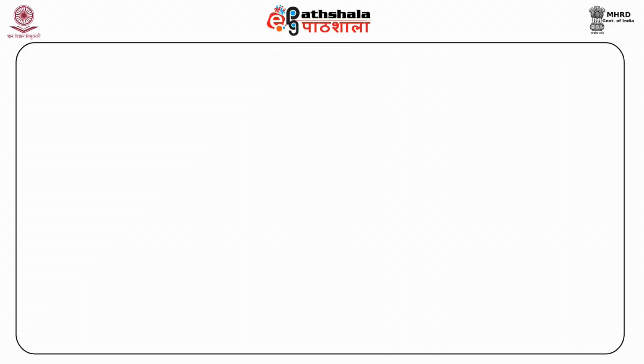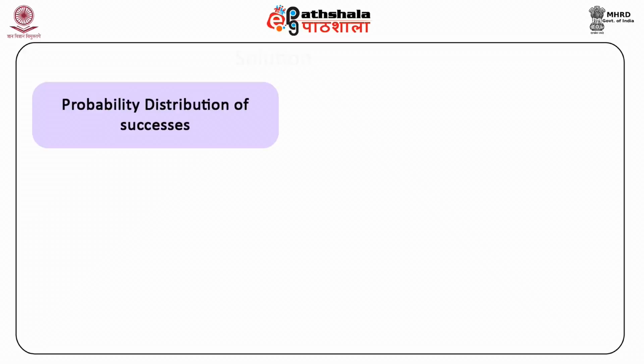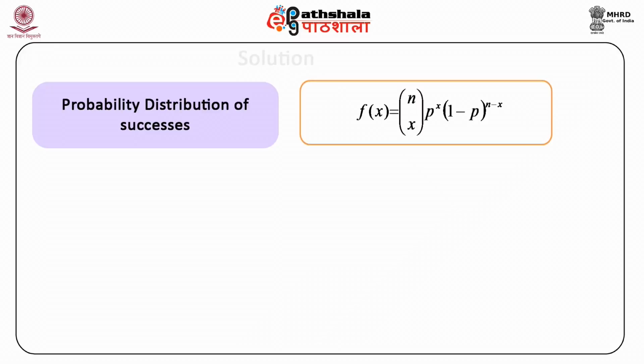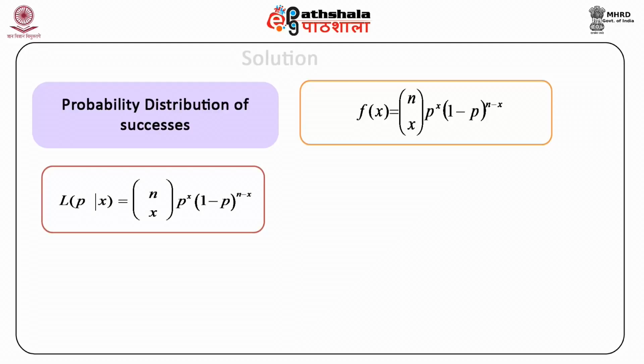Solving the above example, the probability distribution of the binomial random variable x, the sample number of successes in this case, is as follows. f(x) can be written as nCx p raised to the power x into (1 minus p) raised to the power n minus x. So the likelihood function, L(p given x), is equal to nCx p raised to the power x into (1 minus p) raised to the power n minus x.